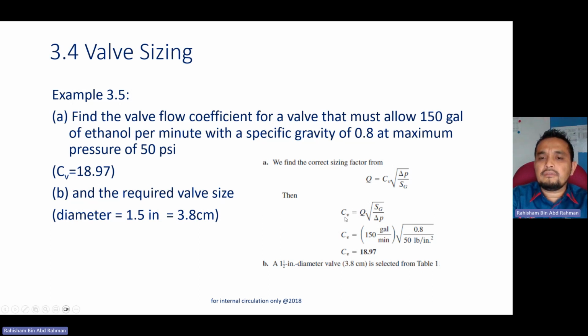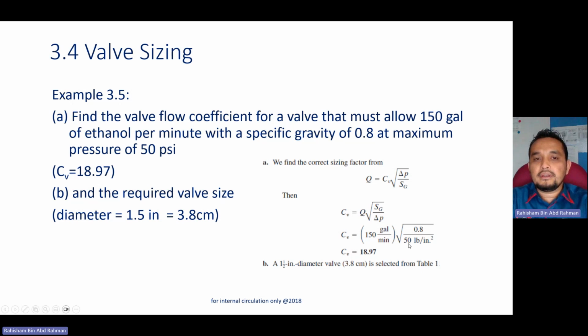This is the valve flow coefficient, CV, and we rearrange this equation, and we know the values. Q is the flow, gallons per minute, the flow rate. And then we have the specific gravity, SG, 0.8. And we also have the pressure.